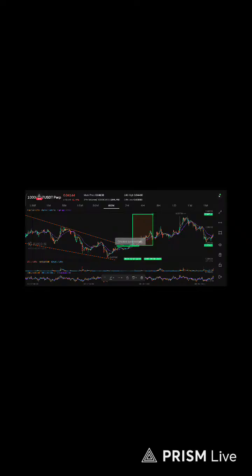So if you would have entered at that price and set your stop loss below here, you see this is a ratio of 1:2.